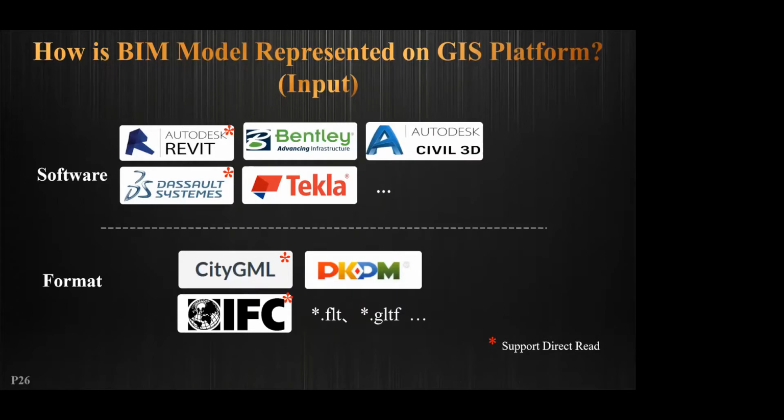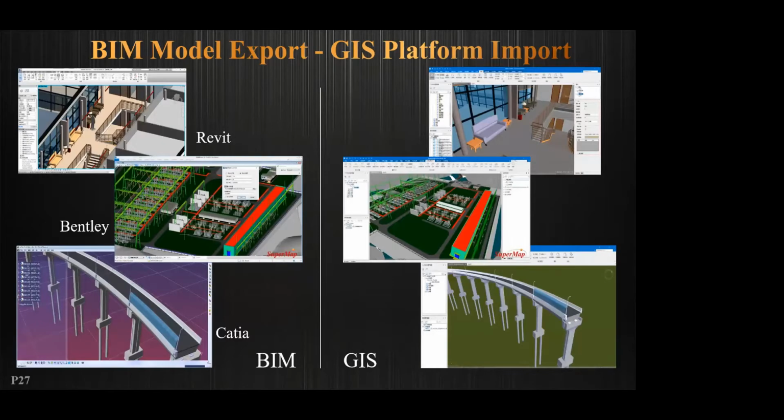And the next is about BIM. BIM also has its own software, such as Revit, Bentley, and CATIA, and it also has some formats such as CityGML or IFC. For all of those commonly used software and formats in the BIM industry, SuperMap iDesktop, or the SuperMap GIS platform, can easily integrate all of them.